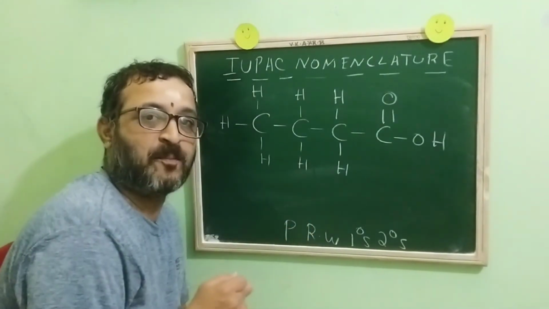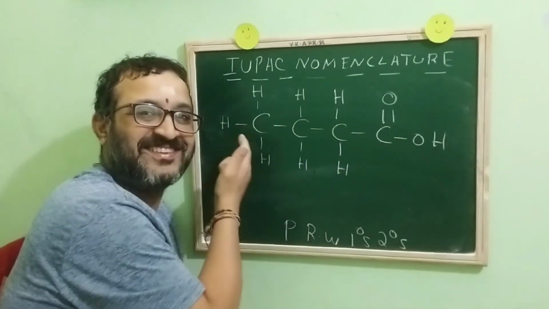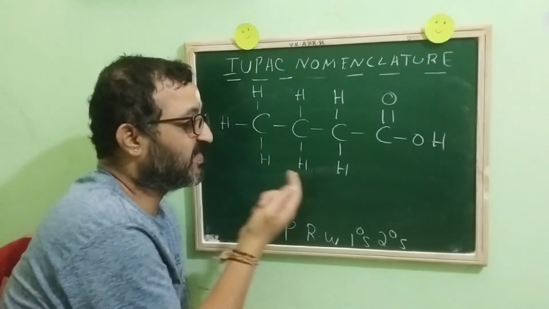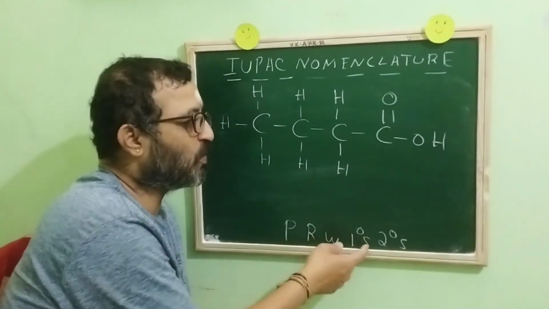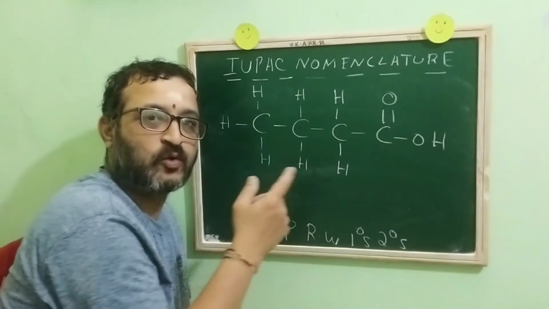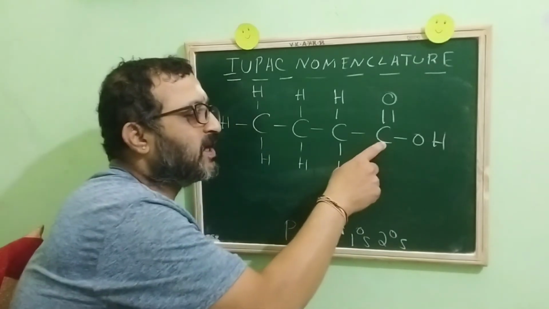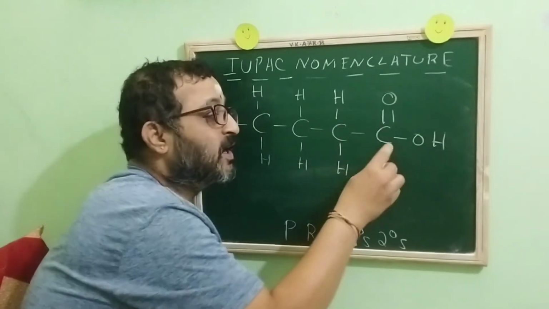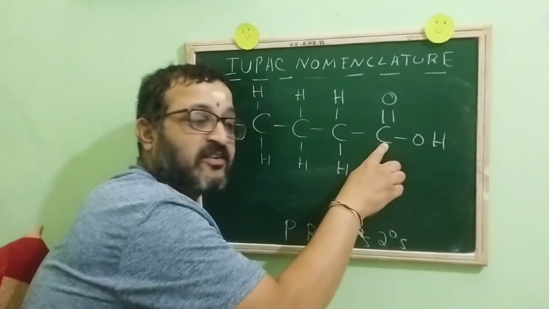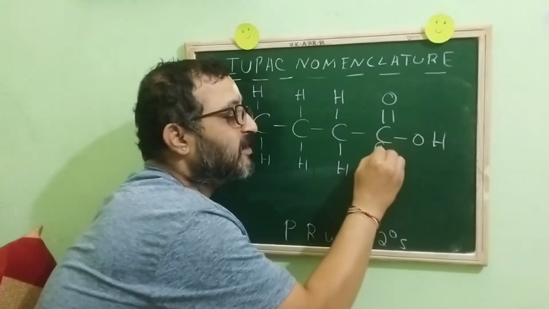This is the next compound, right? Which is the parent chain? Obviously, there is only one chain, the straight chain, the parent chain. Then, do we have a prefix in this one, a side chain? No. Root word and primary suffix are there. So, for the root word, I have one small question actually. When I am finding the root word, should I consider this carbon or not? Definitely we have to consider this carbon. This is a functional group with carbon in it, so you have to number this as what? 1.